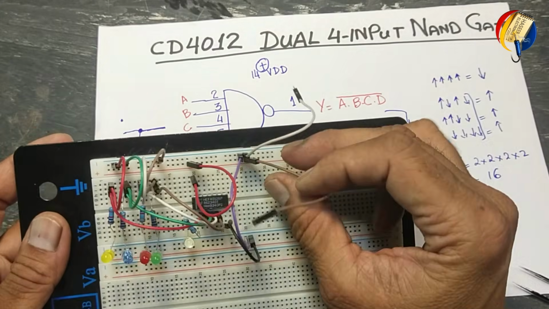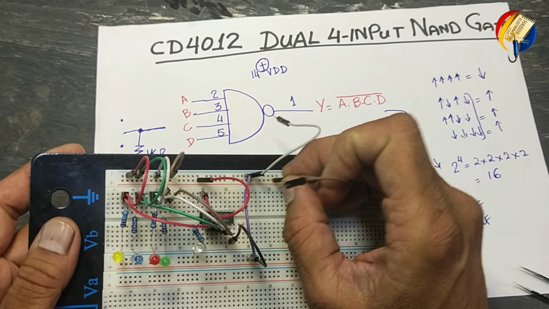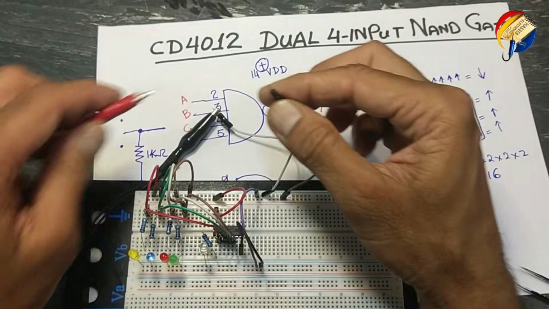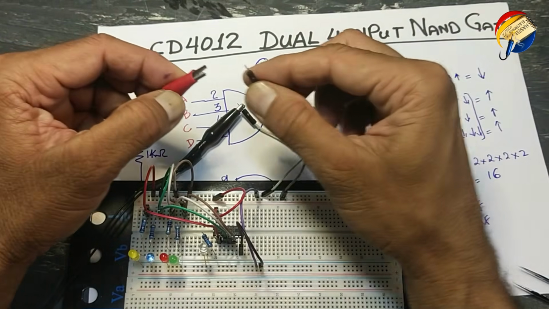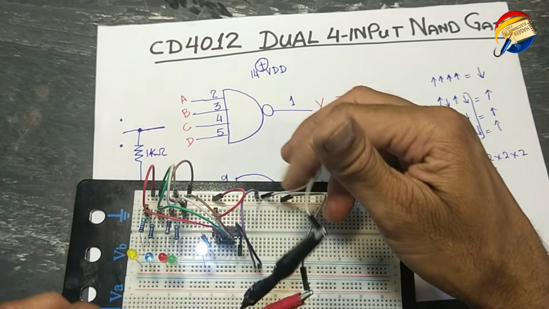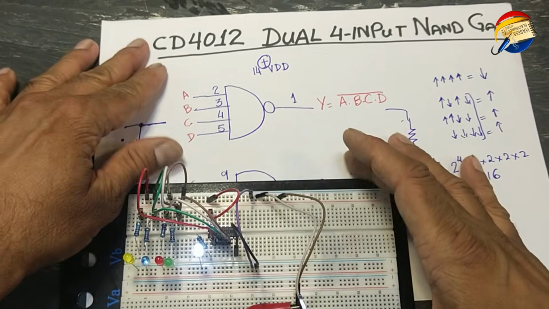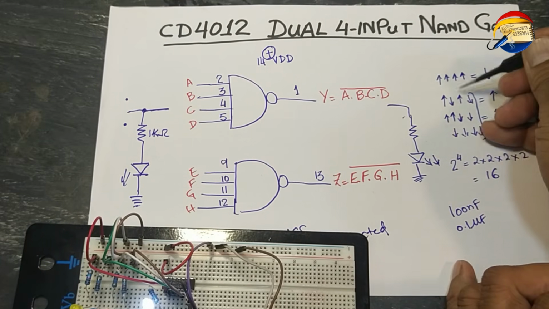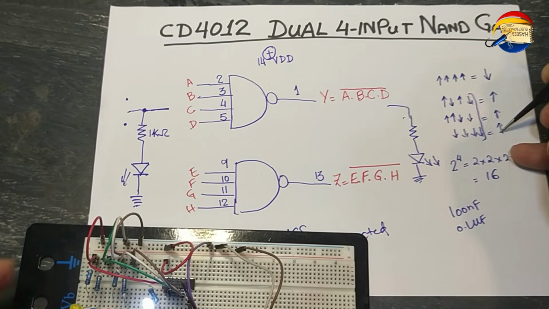Let's connect power. Here is positive rail and this is negative rail. I will inject 5 volt power supply. Yes, this is positive. Always take care for the polarity of the voltage. As we discussed, when all inputs are low, the output is high.